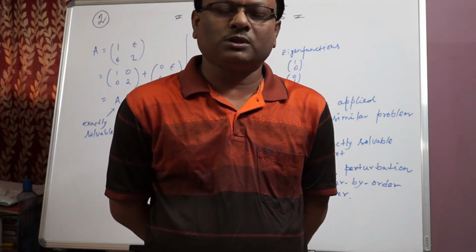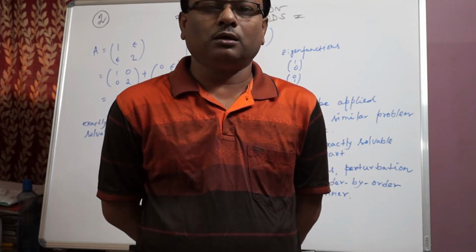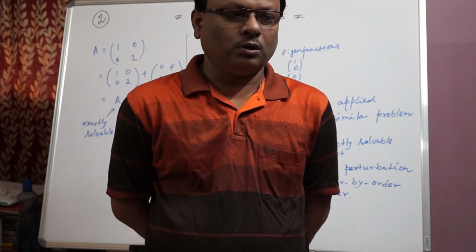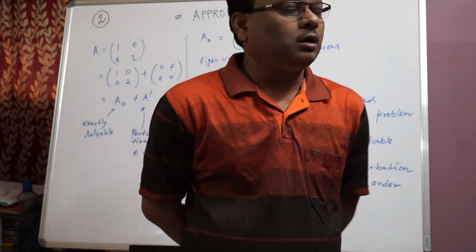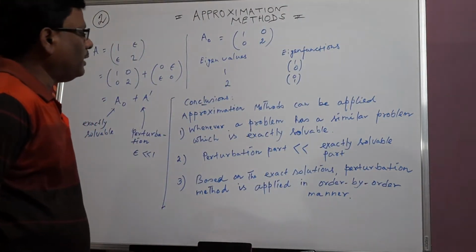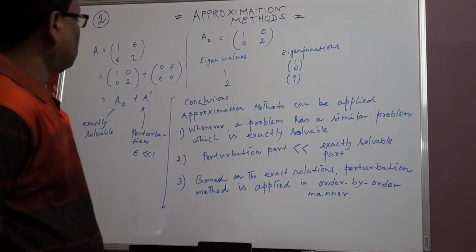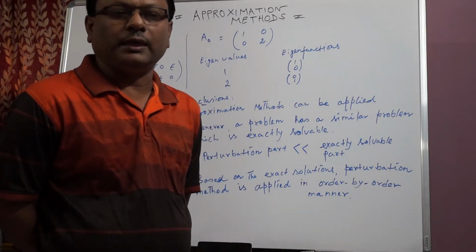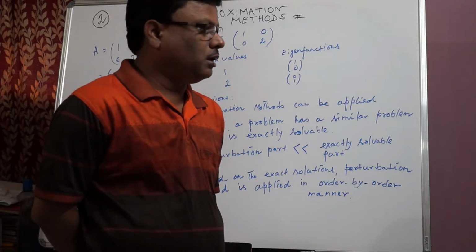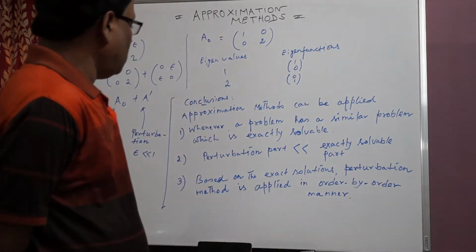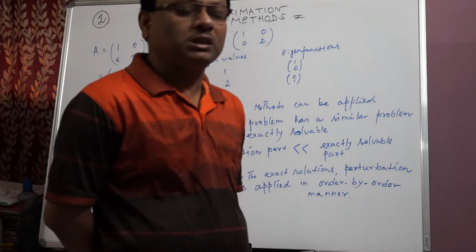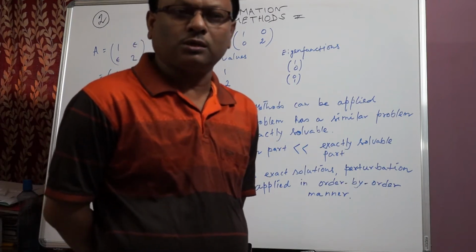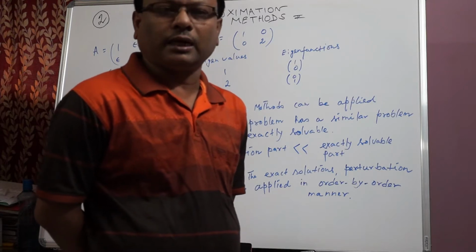We learned what approximation methods are, and when and whether we apply them. We learned that an approximation method can be applied whenever the problem has a similar problem which is exactly solvable, and the perturbation or disturbance, whatever you may call it, is sufficiently smaller than the exactly solvable part.